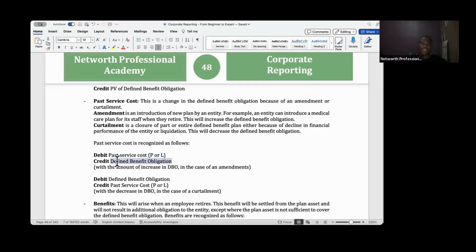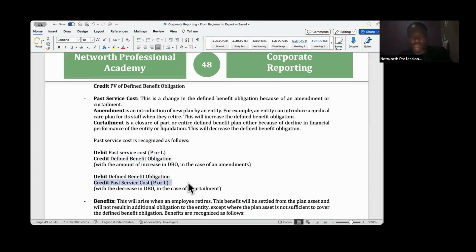And of course, you credit the obligation because it's going to increase the obligation in case of an amendment. But in case of a curtailment, which is we are not doing it again, they are shutting down, that will reduce the obligation. And you just credit your P&L with the past service cost.